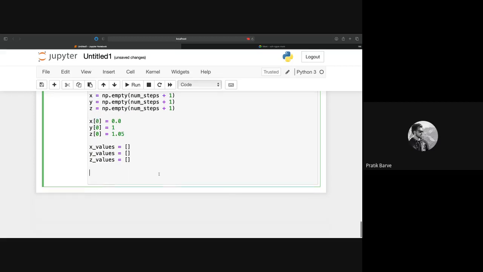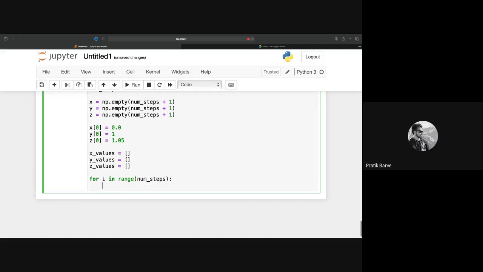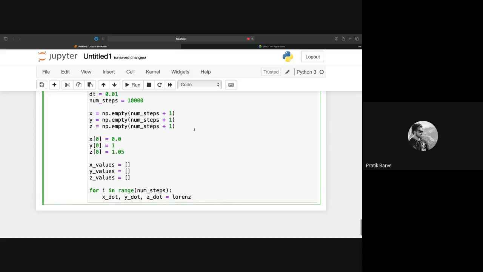So now that we have done this, let's start with the loop. For i in range, the number of steps that we have decided. So the x dot values, y dot values, and the z dot values will be taken from our function which we have defined, the Lorenz.